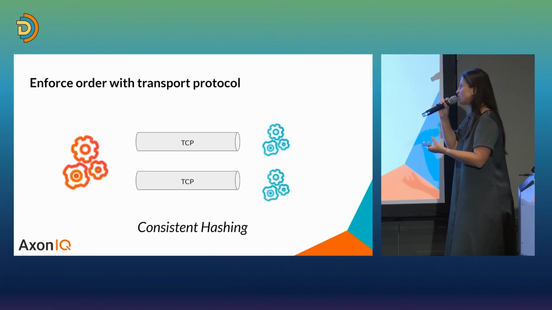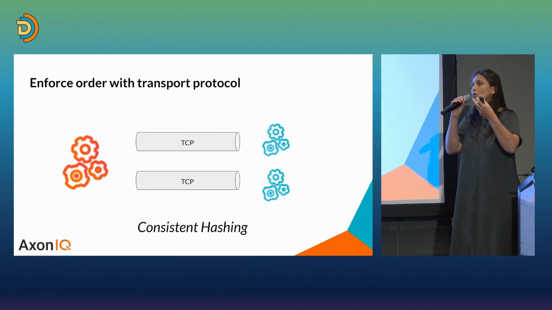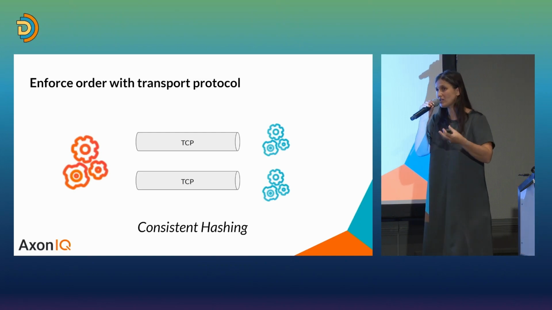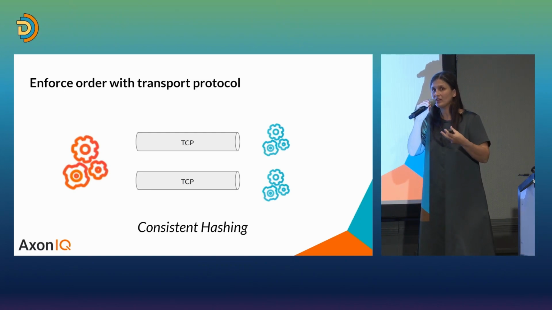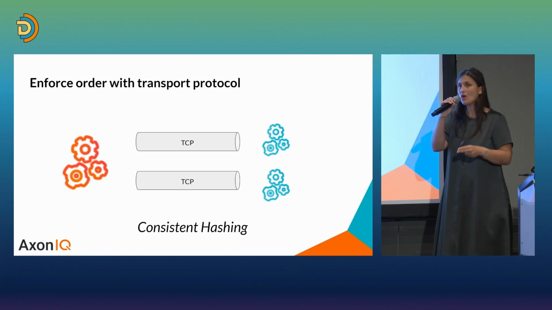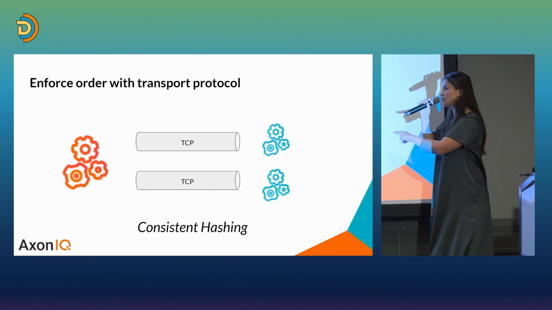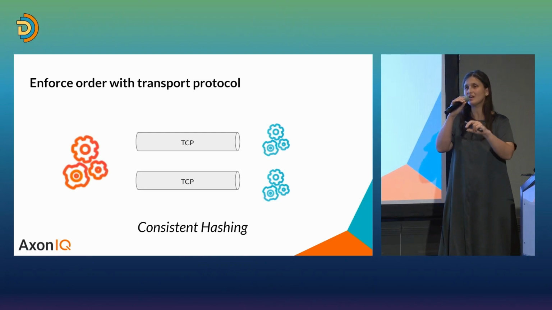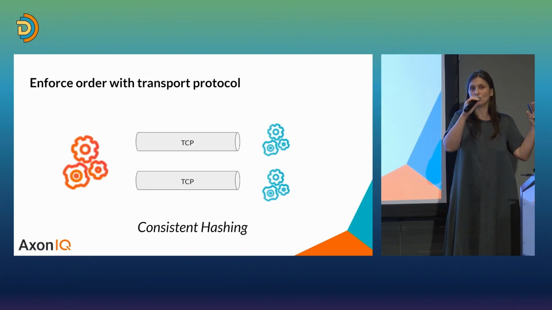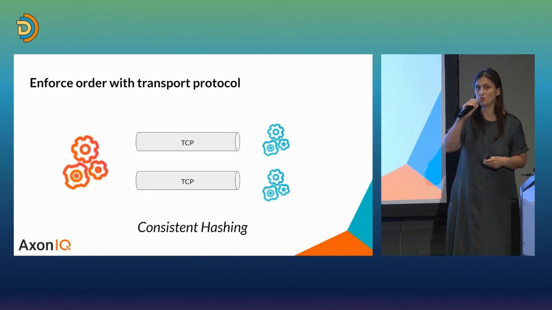In our e-commerce example, all the messages related to an even customer code will be dispatched to the first instance. All the messages with an odd customer code will be dispatched to the second instance, because for us it's important that messages for the same customer code are executed sequentially. We don't care about concurrency across customers.